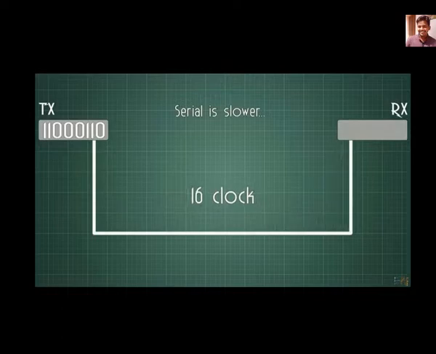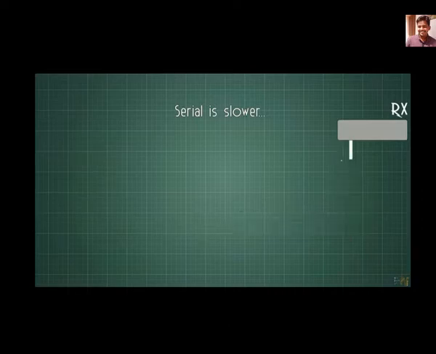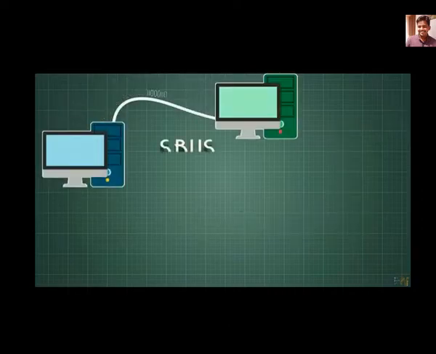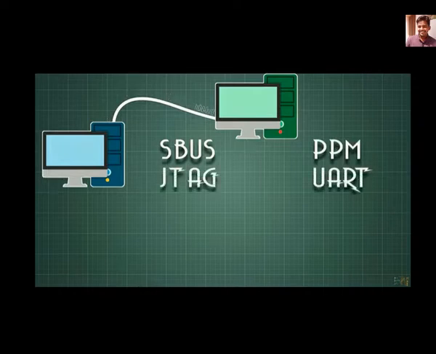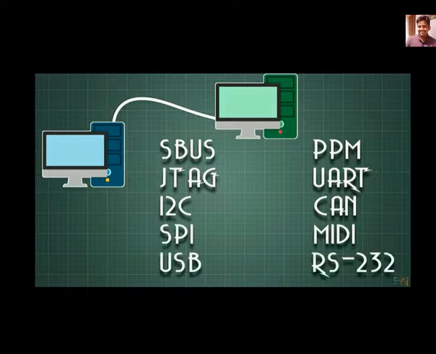So that's the main disadvantage of using serial communication. As examples for serial communication, we have the S-Bus, the PPM, the JTAG connection, WART, I2C, the CAN, SPI, MIDI, USB, RS-233 and more. And even the Morse code could be a serial communication.